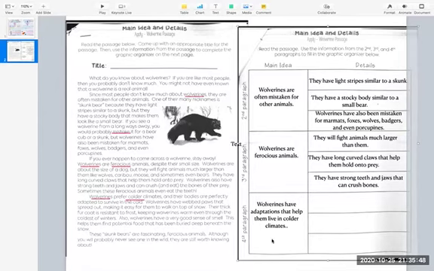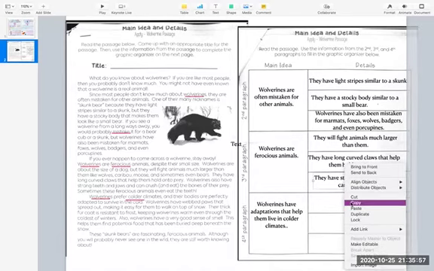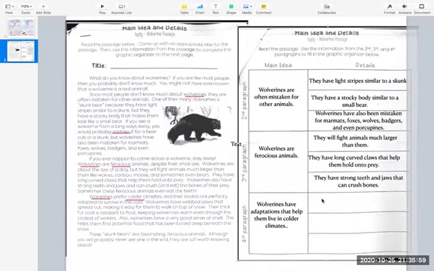All right. Wolverines have webbed paws that spread out, making it easy for them to walk on top of snow. That's going to be my first detail that supports that main idea.